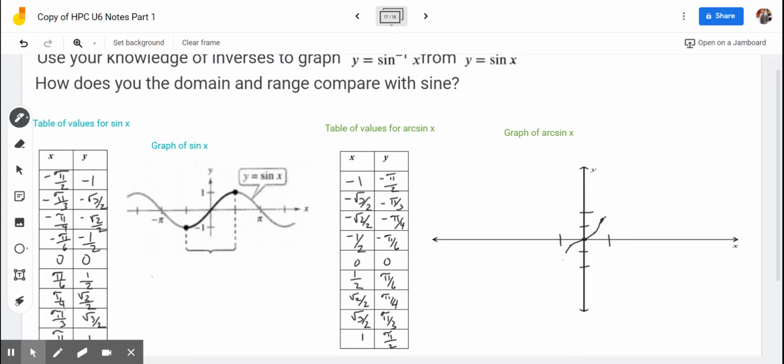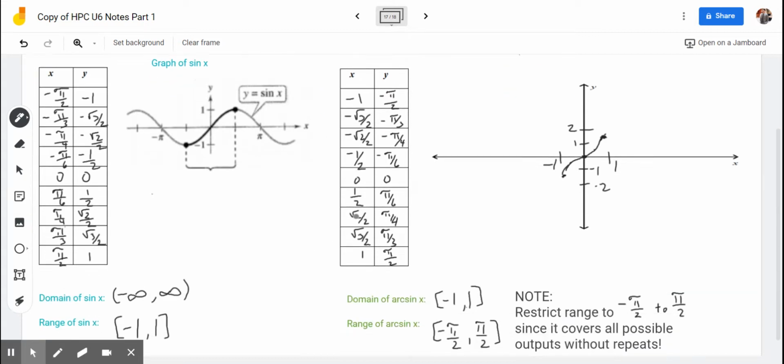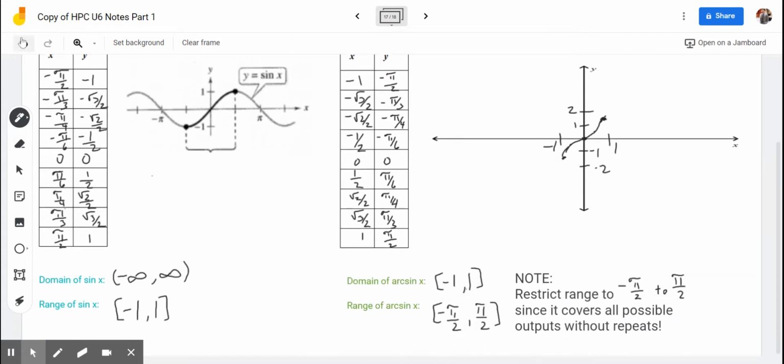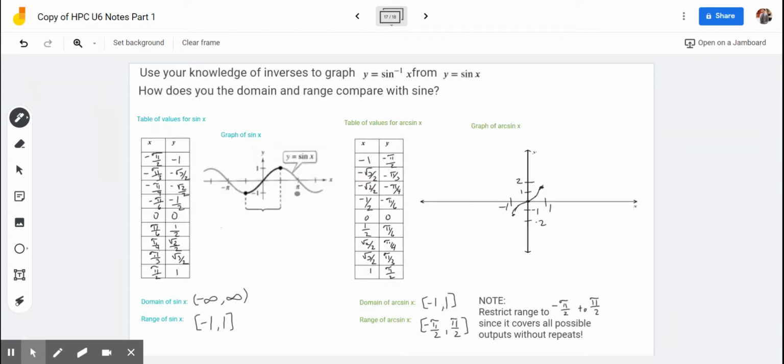It's going to look something like this, with -1, 1 along the x-axis and -2, -1, 1, and 2 along the y-axis. There, okay? So there's our sketch for the inverse sine function along with a bunch of key characteristics.